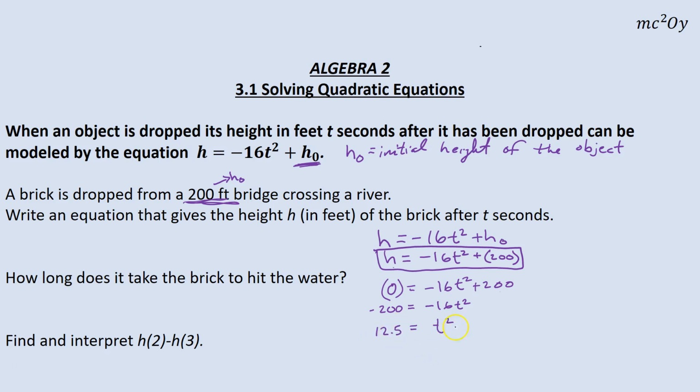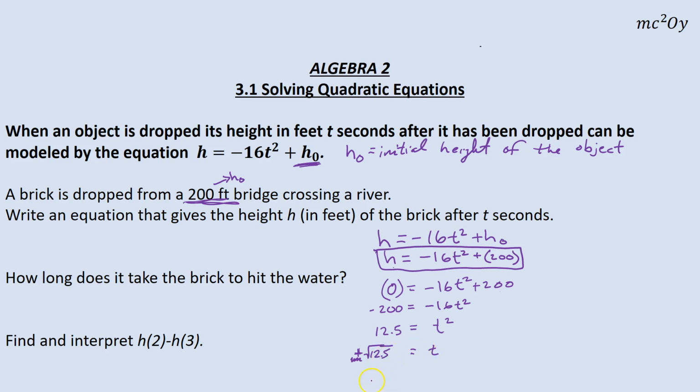And then we're going to take the square root of that. So time is going to be equal to, notice we'll have plus minus. You can't have a negative time, so really we just want the positive time. And the square root of 12.5 is in between 3 and 4, because the square root of 9 is 3 and the square root of 16 is 4.